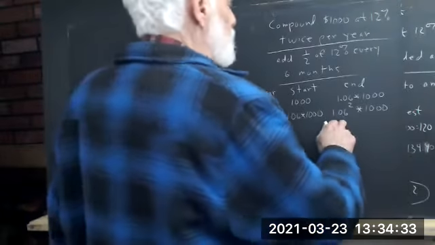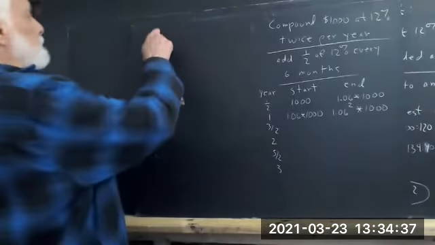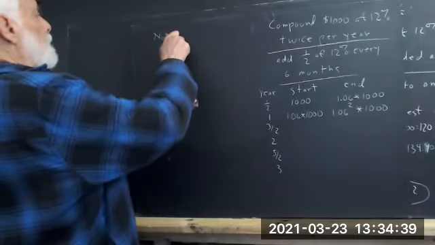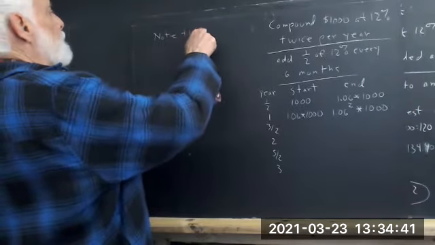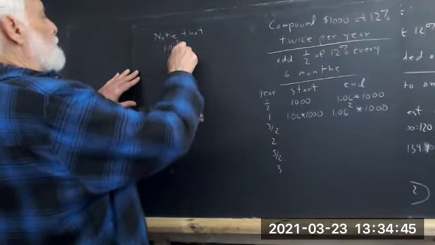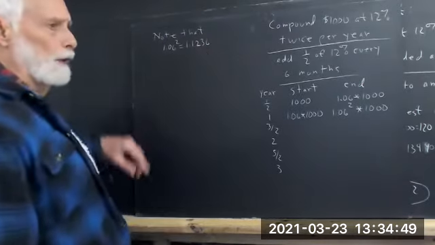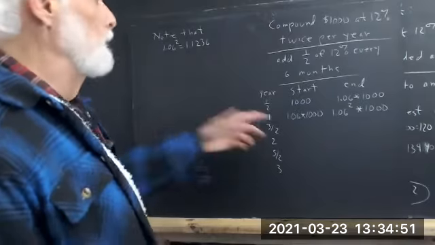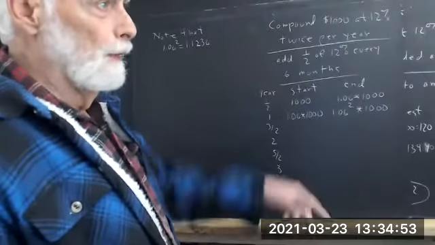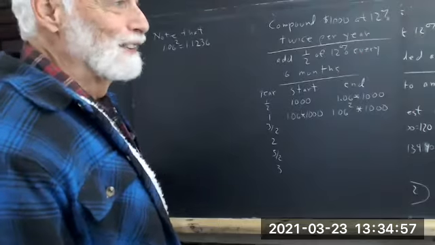And we note that 1.06 squared is 1.1236. I'm sure you saw that immediately did that in your head, but just in case, there it is, okay?